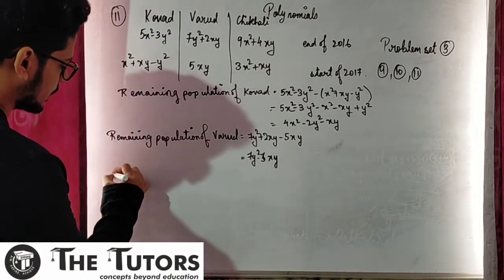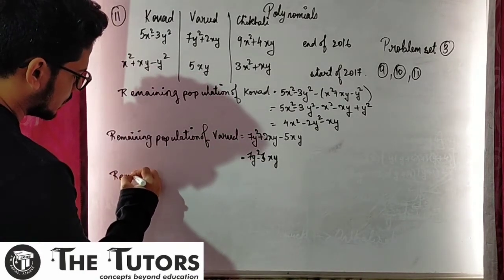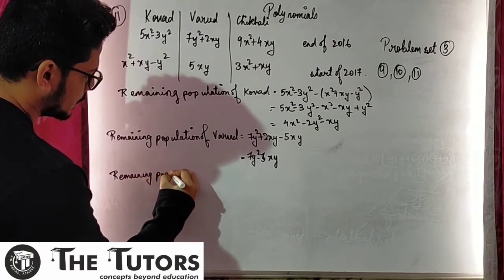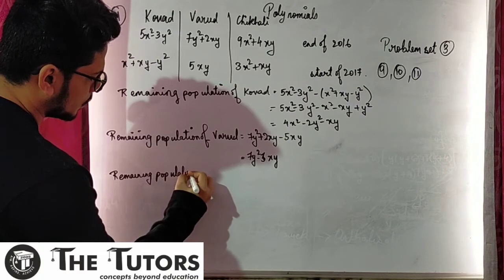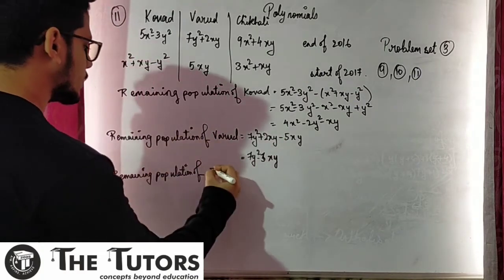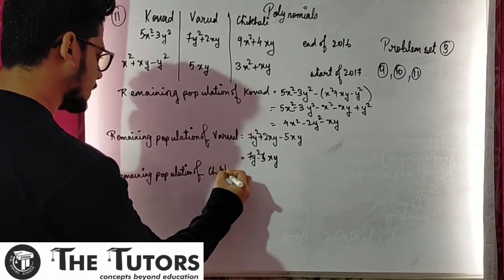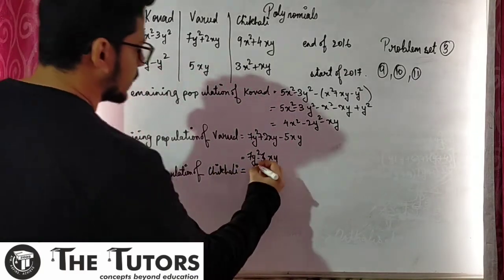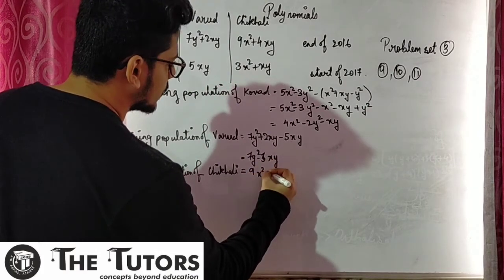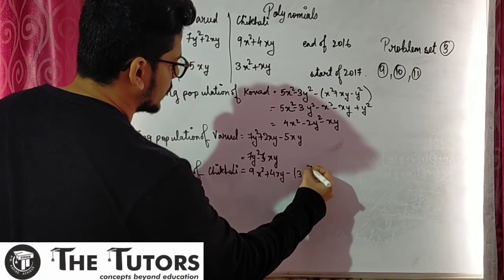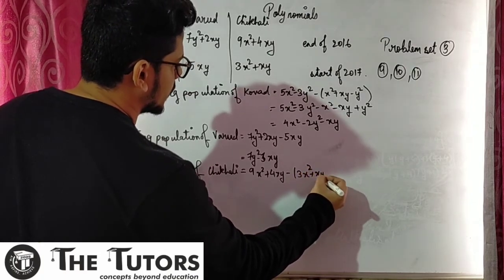Next you have remaining population of Chikhali is equal to 9x² plus 4xy minus of 3x² plus xy.